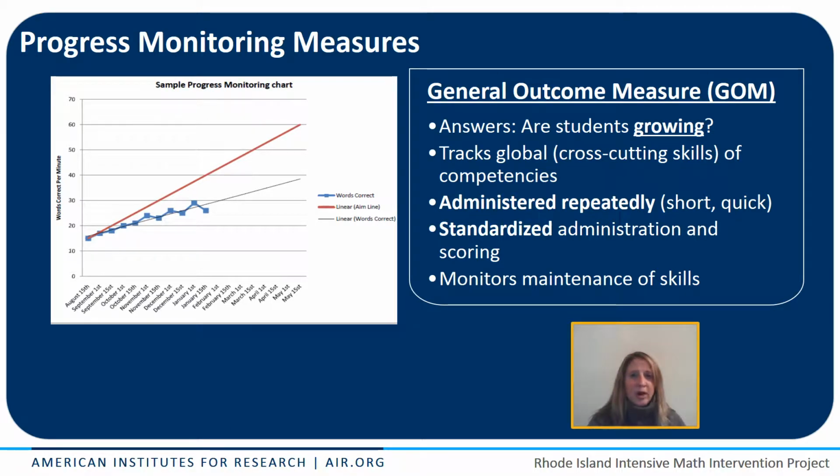These short, quick assessments are repeatedly administered, and the data collected allows measurement of growth over time because students are being assessed using assessments with comparable items. The assessments are probes of equal difficulty throughout the year, so it provides an opportunity to monitor students' maintenance of skills to ensure they do not have regression.